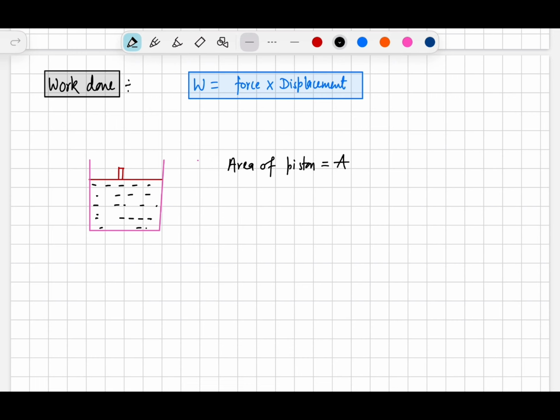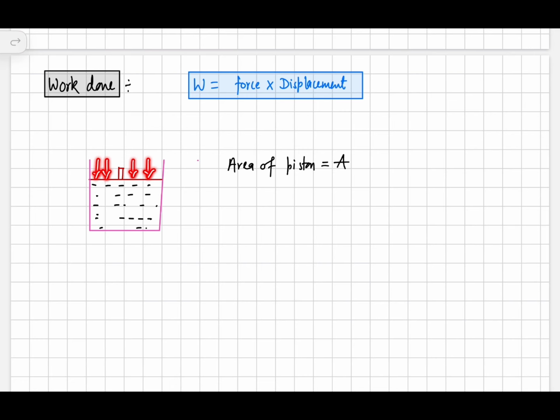Now can you tell me what is the existing force here? It is the same existing force, kind of the gravitational force, or the force due to the atmospheric pressure. This is the force due to the atmospheric pressure. So there is atmospheric pressure from environment, P external.